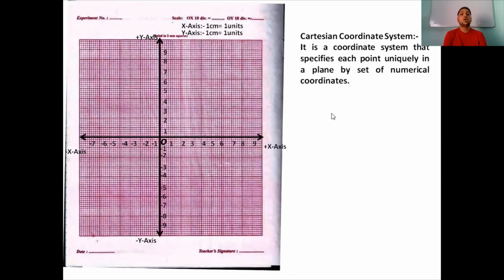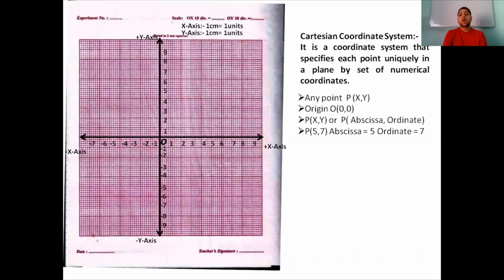Now we have to express a point on your Cartesian plane. Any point P on this Cartesian plane, in any quadrant, first, second, third, fourth, we have point P(x, y).